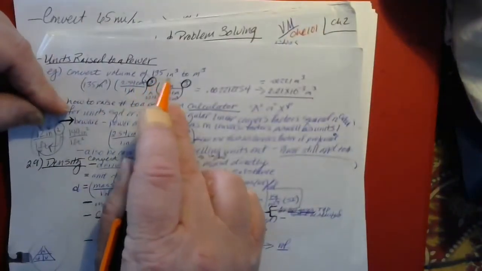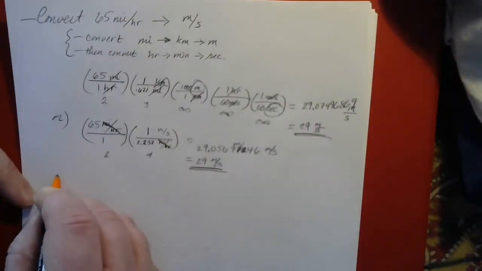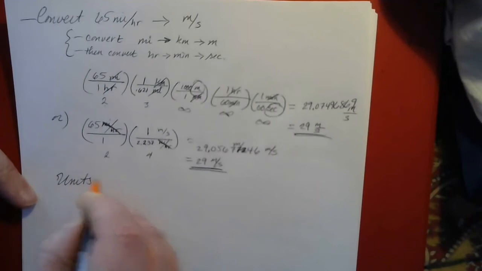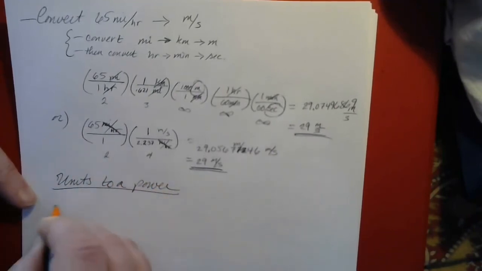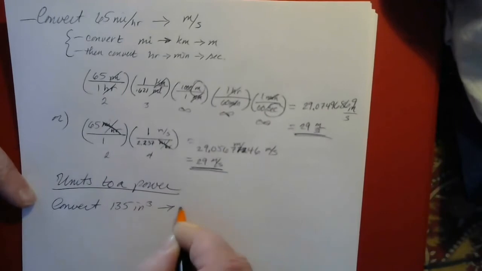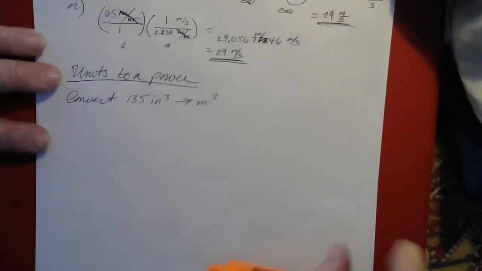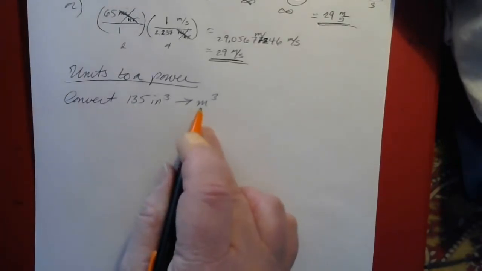So for instance, if we want to convert a volume of 135 cubic inches to cubic meters, okay, convert 135 cubic inches to cubic meters.